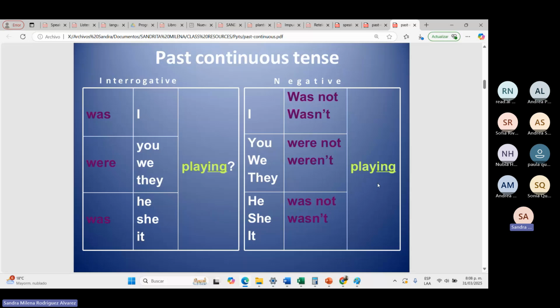You weren't studying, tú no estabas estudiando. And also we have the interrogative form, it means questions. So we have the to be, was or were, then the subject, and then the verb with the ing form, okay?